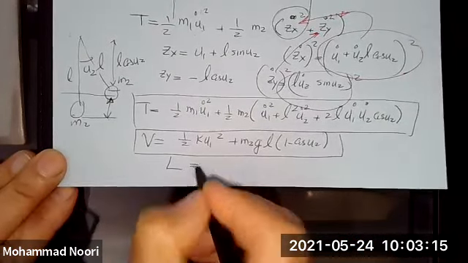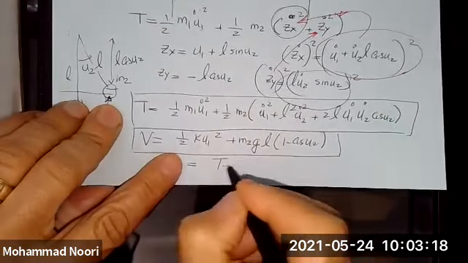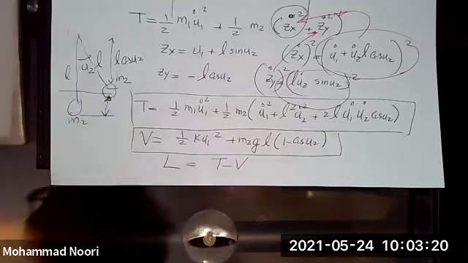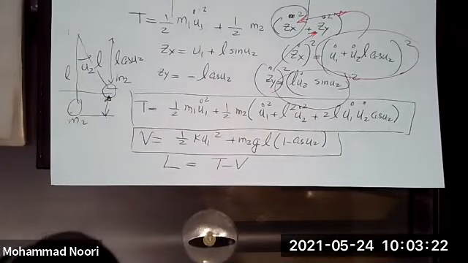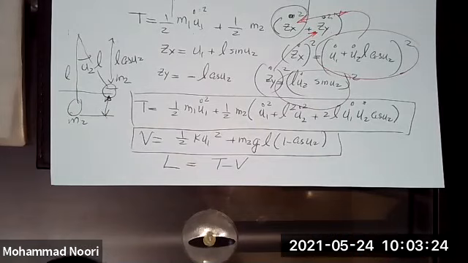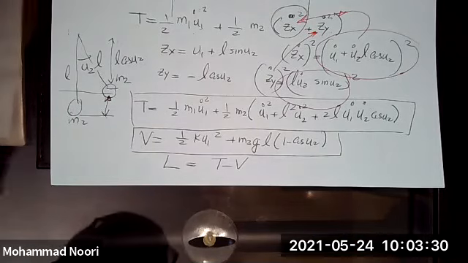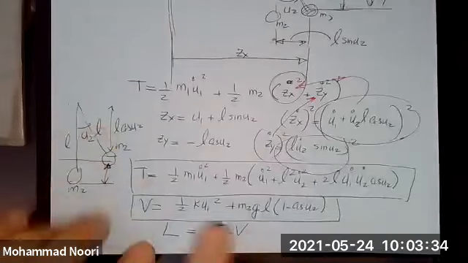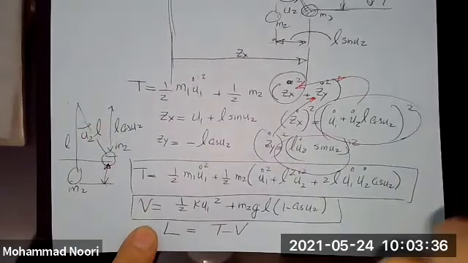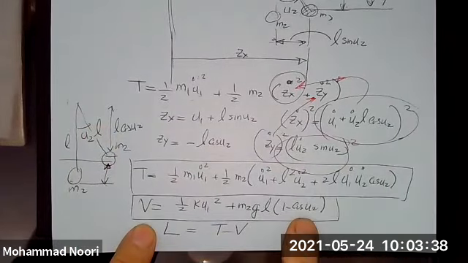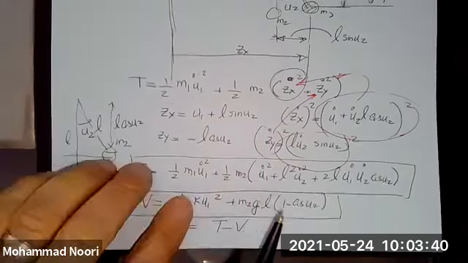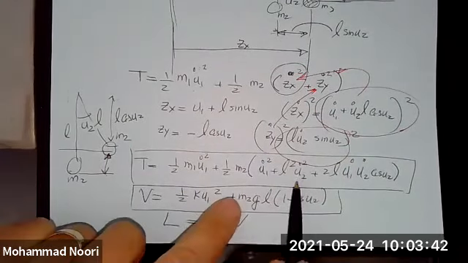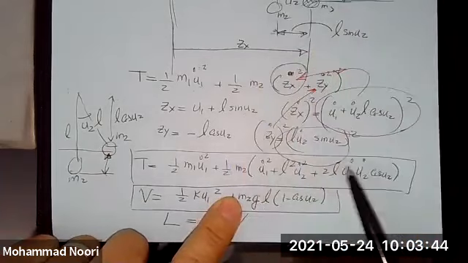Okay, so that's the kinetic and potential energy. Now, as the next step, we need to set this up and then use Lagrangian formulation to derive the equation of motion, which is what I'm going to do next time. You can see that as long as you can set up the kinetic and potential energy, not only can you derive the equation of motion, but we didn't even have to make those approximations of a small angle.